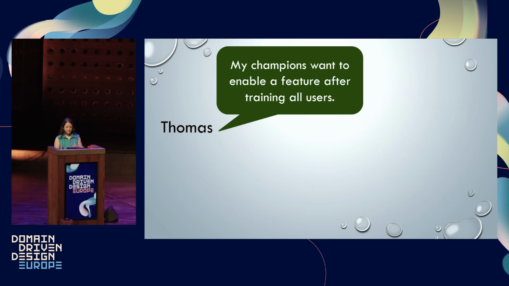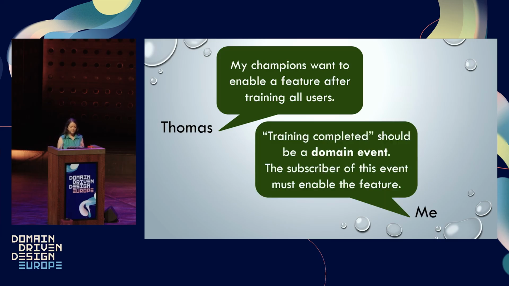And my answer was, after the discussion, training completed should be a domain event. So why do you need a manual flag? I mean, we should have a subscriber to this event to enable the needed feature.